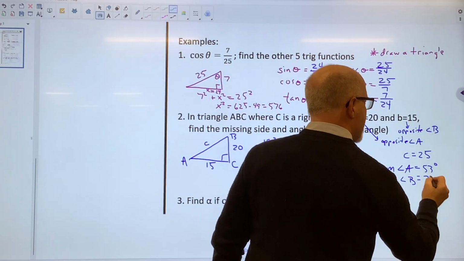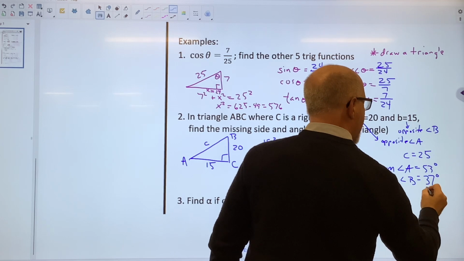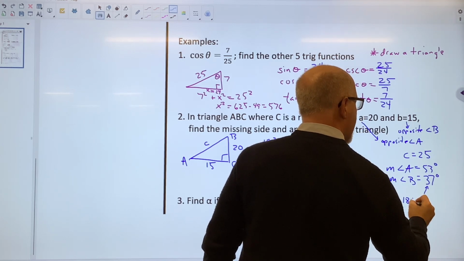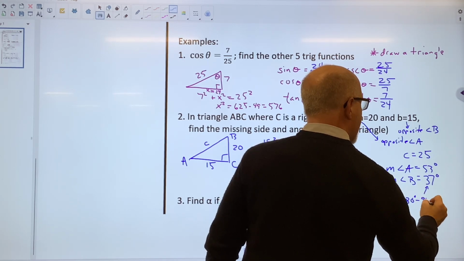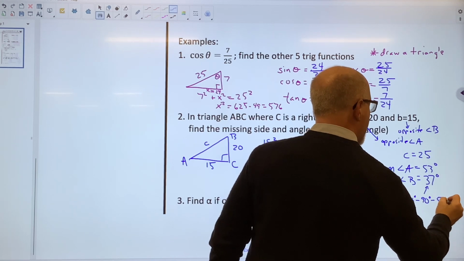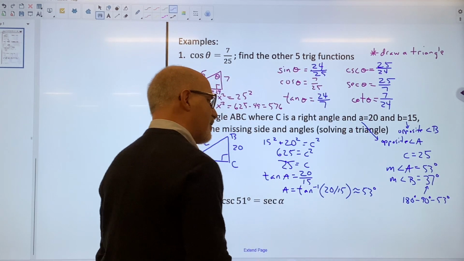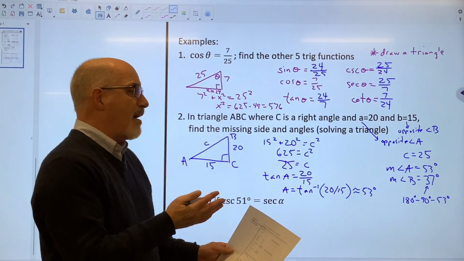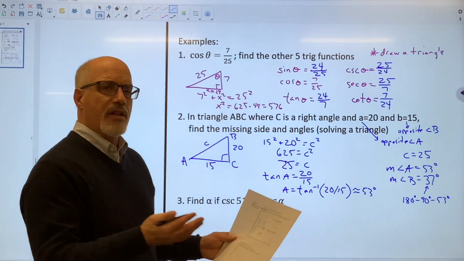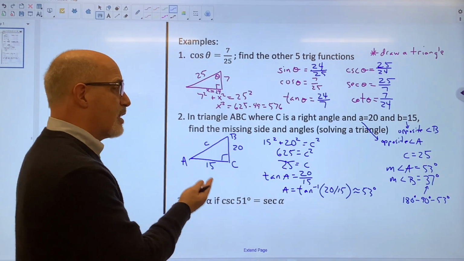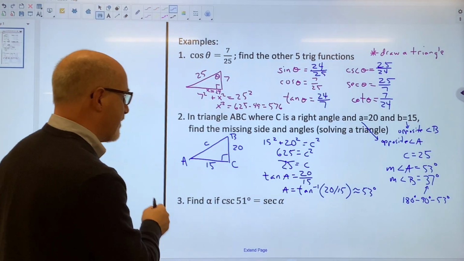So this one's 37, and I got this by taking 180 minus 90 minus 53 degrees to get that angle. So we now have all the missing parts of the triangle. It's called solving a triangle. You can use the information that we have to get that.